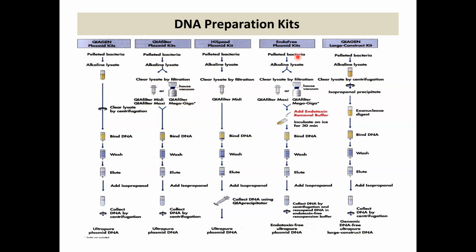Same with the plasmid kits. However, in the endo-free plasmid kits, we add an endotoxin removal buffer, and then we need to incubate this for 30 minutes. So it takes a lot of time to perform endo-free, but compared to Qiagen, endo-free is more accurate, or you could isolate more of the protein or nucleic acid compared to the Qiagen kit.